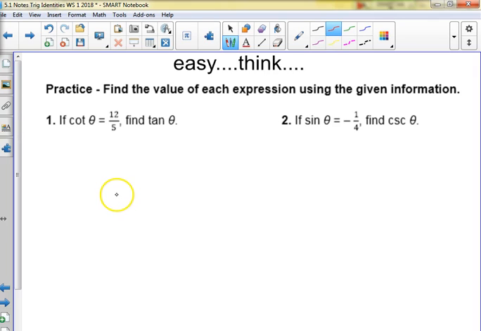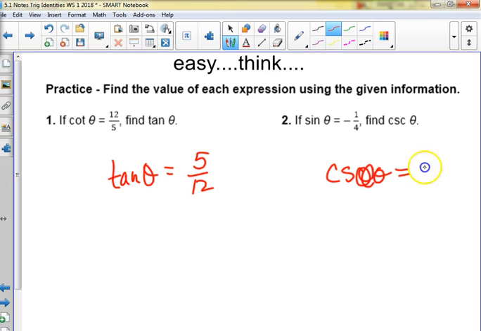Read the question first and see if you think you know the answer. Because I always start by drawing and then I realize, oh, I didn't even need to draw. What's going on in number 1 here? So the answer is 5/12. And number 2, if the sine is -1/4 and the cosecant is, yeah, pretend that says cosecant of theta. It's a very squiggly mess, okay?